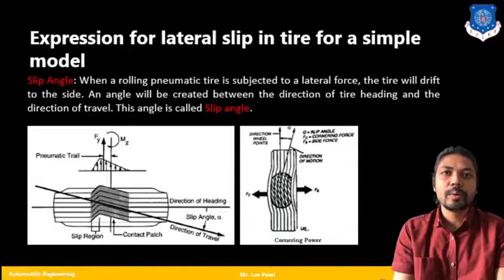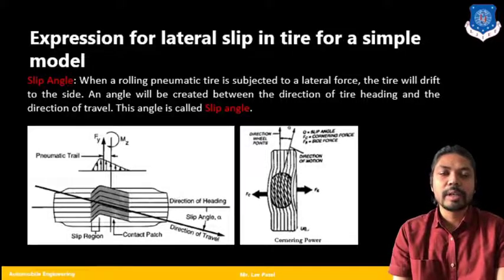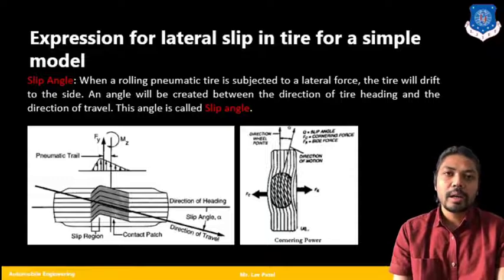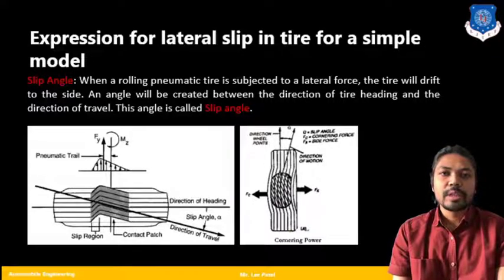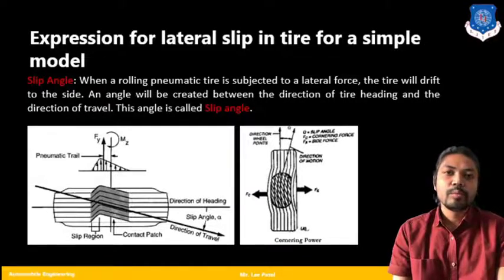Continuing with this theory, as the tire advances and tread elements come into contact with the road, we are talking about the tire tread, and due to deflection the normal position is going to change due to the lateral force. The lateral force builds up as the element moves rearward.